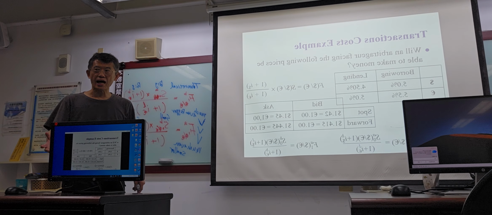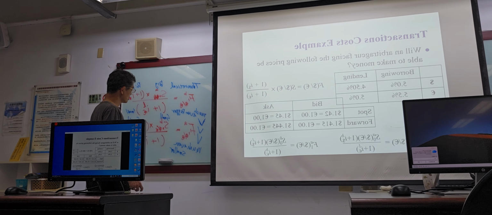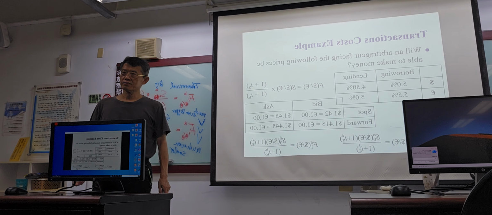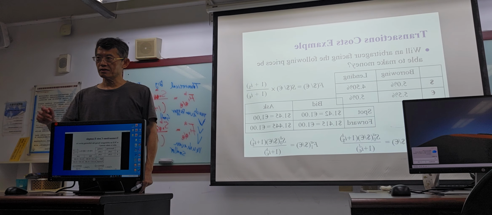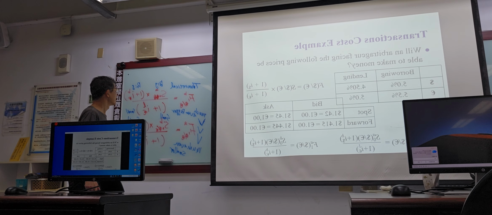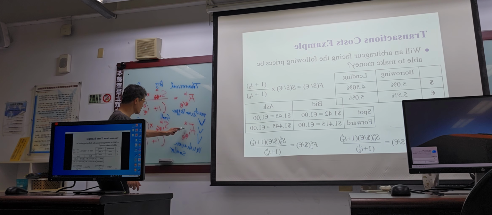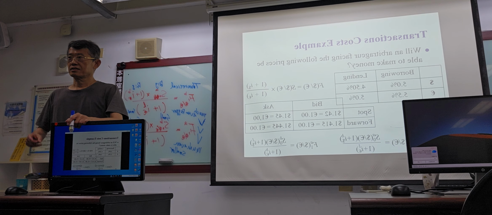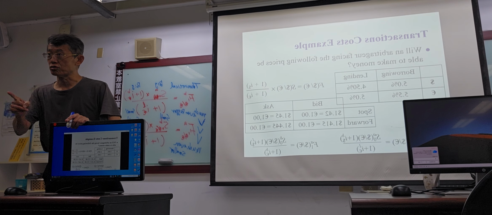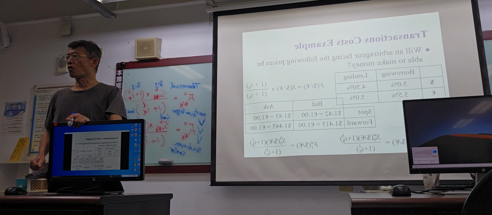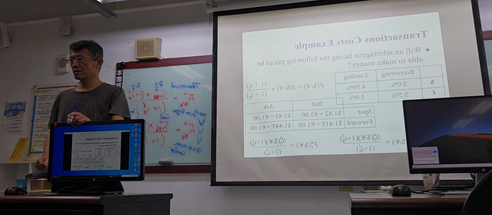So next time you use this formula to determine the theoretical bid and theoretical ask, and you found that theoretical bid is larger than theoretical ask, you are absolutely correct. Don't get confused, right?